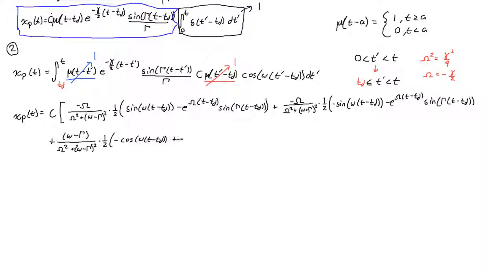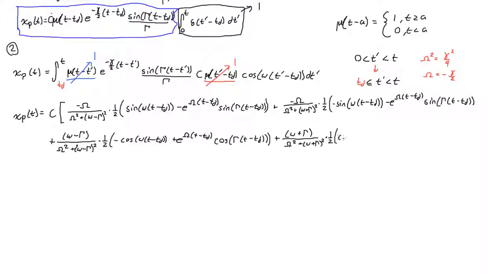And then we'll have a plus exponential, right? And then we'll have a cosine gamma t minus t sub d, and then we'll have plus omega plus gamma, and then so I imagine this is going to be big omega, little omega plus gamma squared times 1/2.